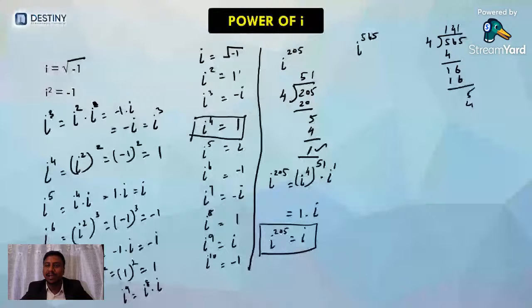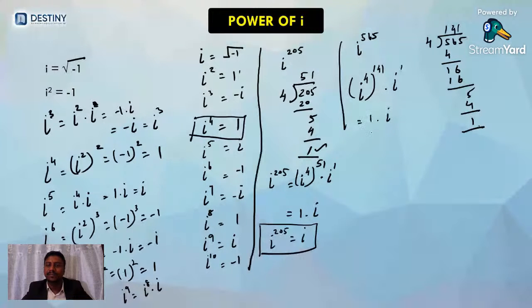So it will become i power 4 into 141, into i, because the remainder is 1, right? i power 1. So it will become 1 into i. So it is i.